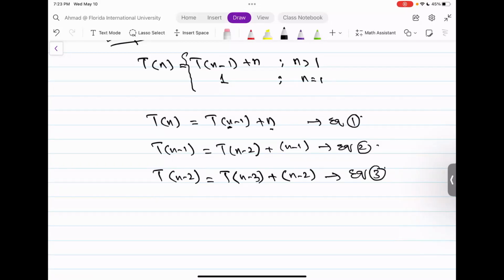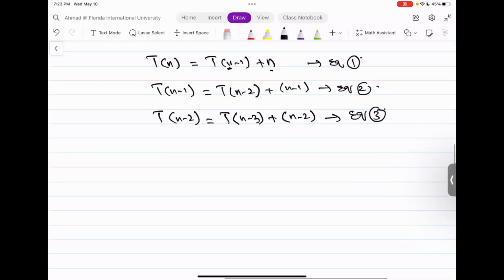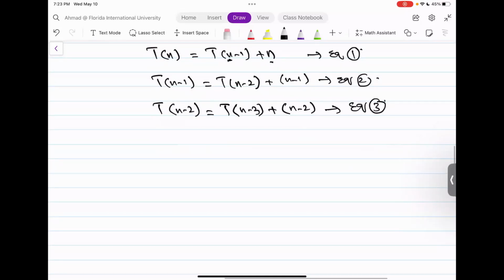Now I will substitute the equations and then solve using algebra. I'm going to substitute equation number 2 in equation number 1. Let me write equation number 1 here: T of n is equal to T of n minus 1 plus n.